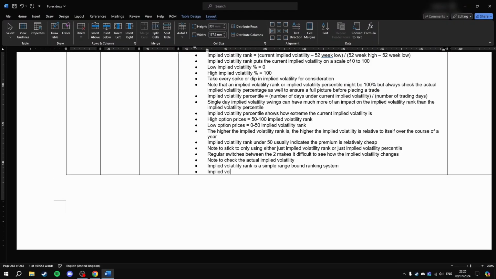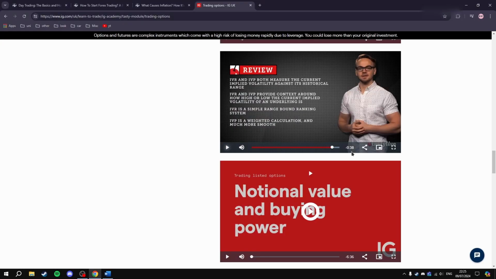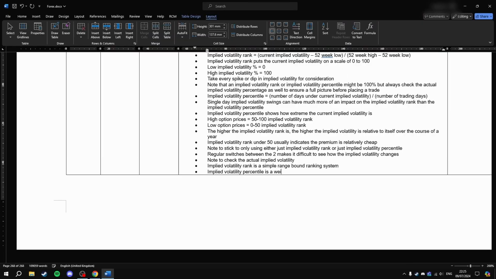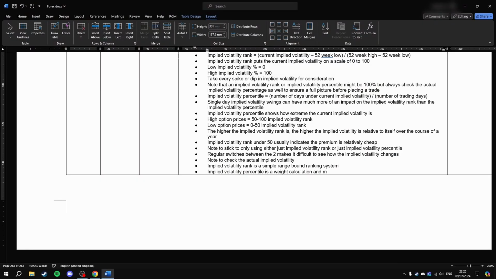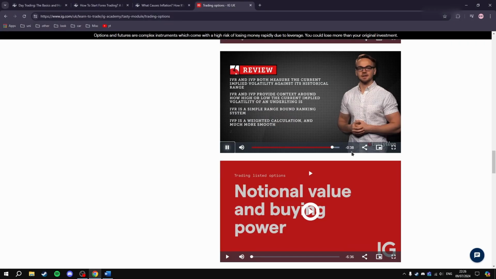Implied volatility percentile is a weighted calculation, and results are much more smooth because of that, and is ultimately a range-bound ranking system.